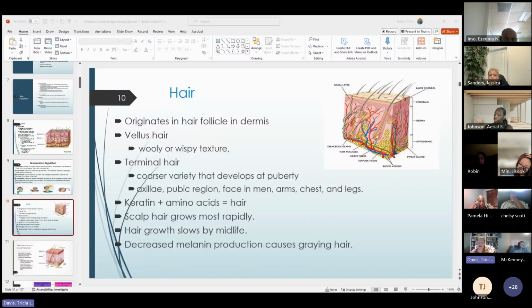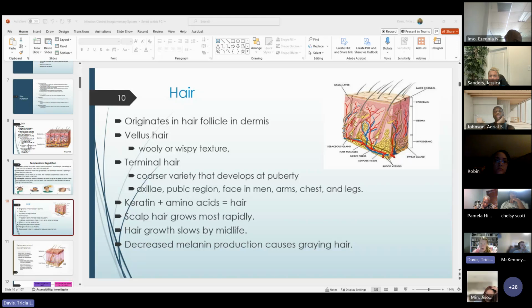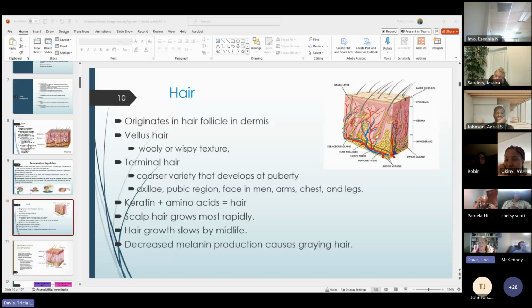All right. Terminal hair is going to be coarser. We see that our terminal hair starts to develop in puberty. It develops in our axilla, so under our arms, and our groin region, and face for men, our arms, our chest, and our legs. We need a certain amount of good keratin and amino acids in order to have good growing hair.